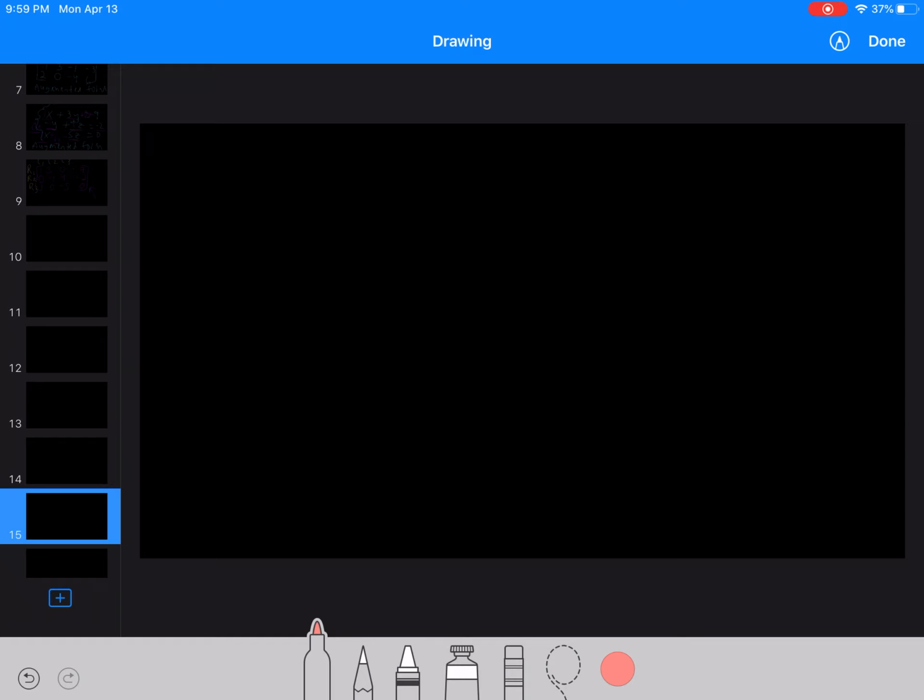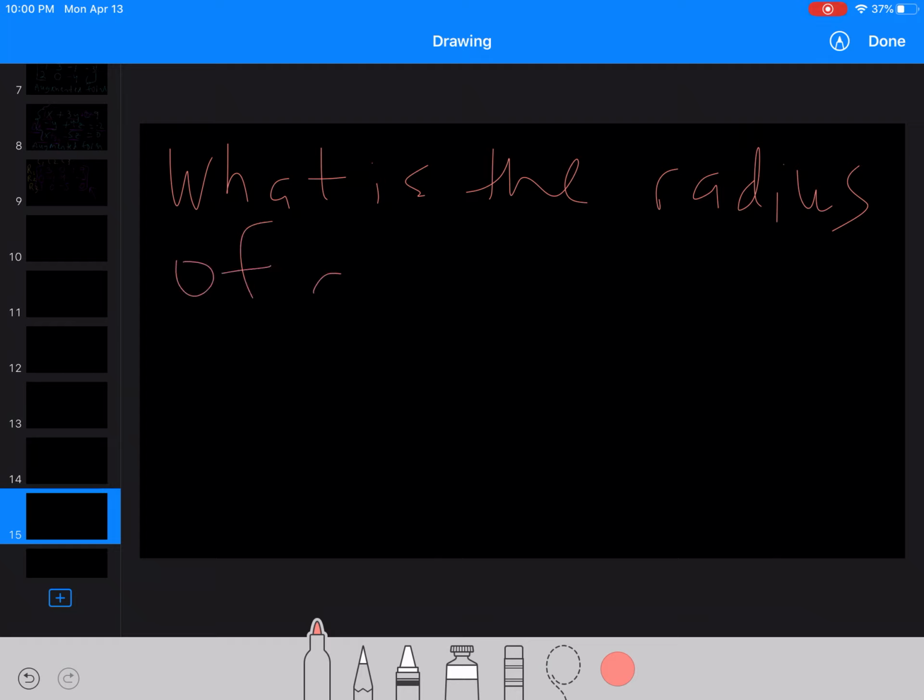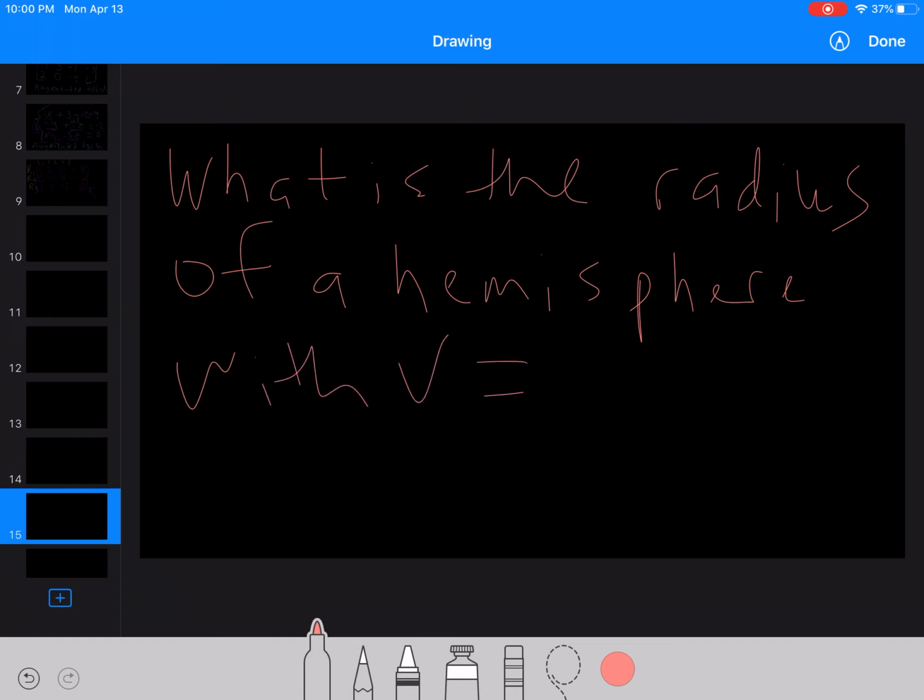The question was, what is the radius of a hemisphere with volume equals 144,000 pi cubic centimeters?